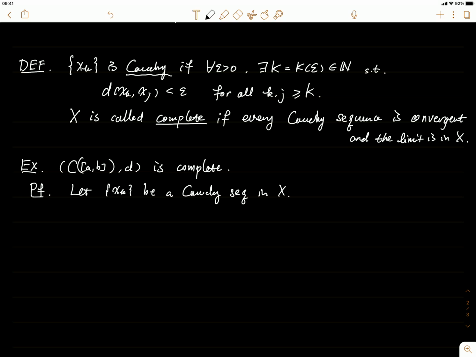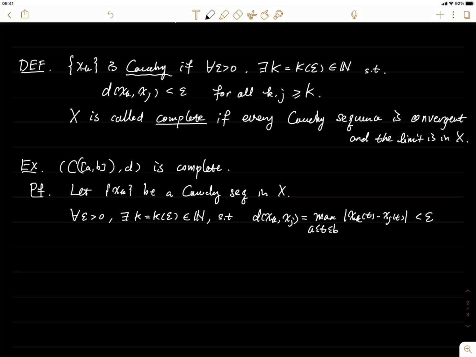What we mean by that is, for any epsilon greater than 0, there exists some capital K that depends on epsilon, such that d(x_k, x_j), defined to be the maximum of |x_j(t) - x_k(t)| for t between a and b, is less than epsilon for all k and j greater than this capital K. Okay, so that's the definition.